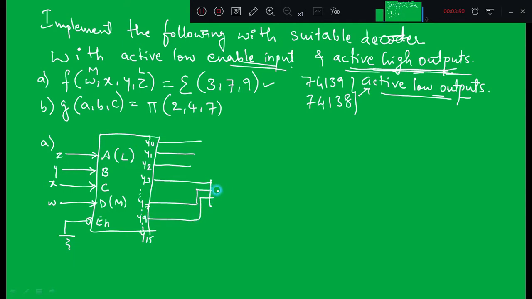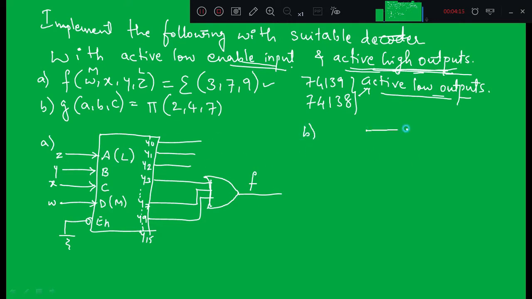These should be given to which gate? OR gate, right? In the first general decoder which I discussed, the 2:4 decoder with active high inputs and active high outputs, we used OR gate. Similarly we are going to use OR gate for this first function.